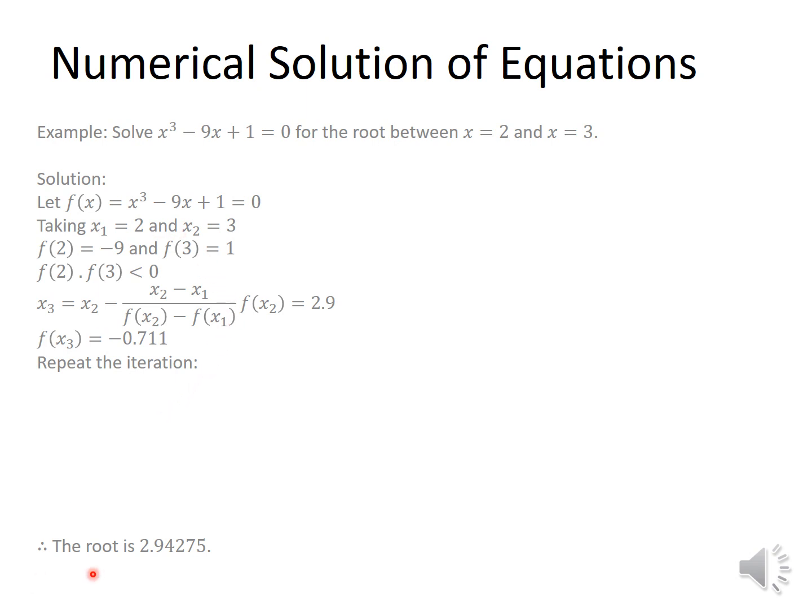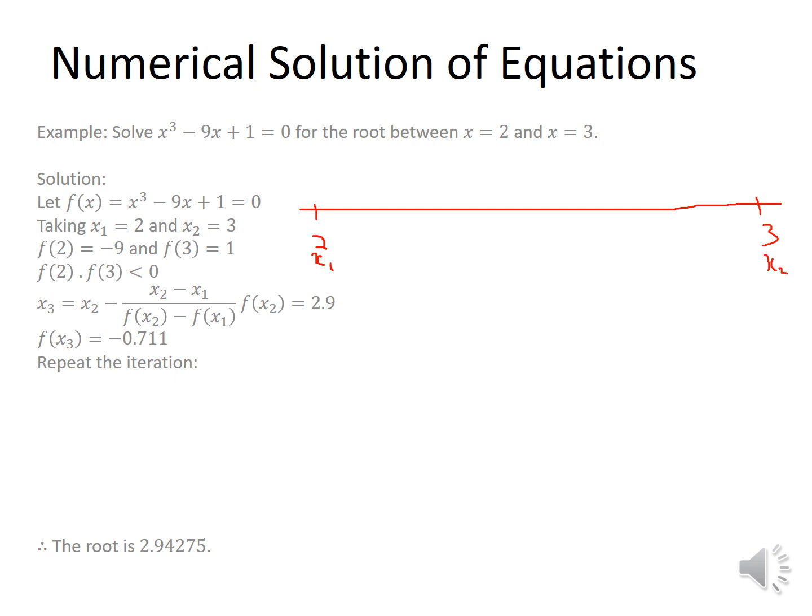This works exactly the same as the previous method. So draw a number line from 2 to 3, where 2 is x1 and 3 is x2.